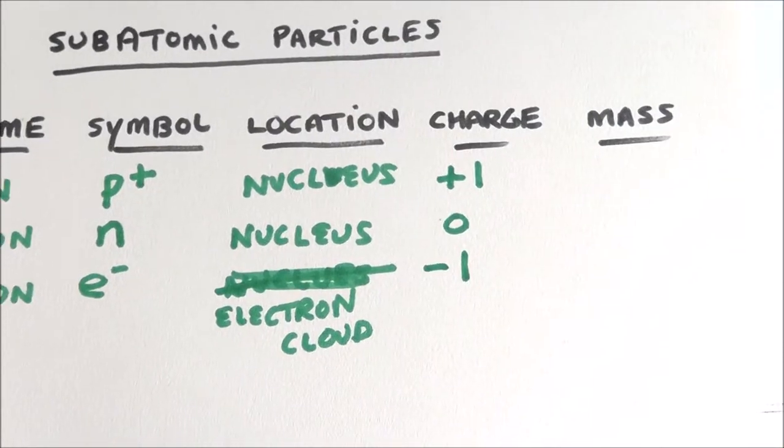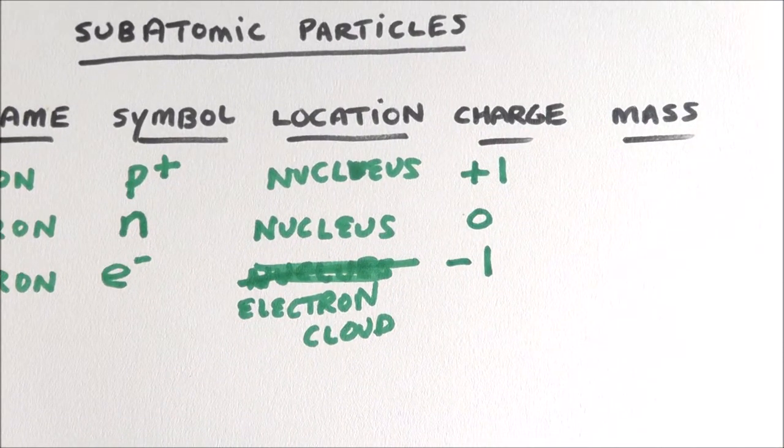Now let's talk about this mass issue here. When we were talking about scientific notation, I told you this is the mass of a proton, and you saw the crazy, crazy small number, like 1.67 times 10 to the minus 27 grams. So you know what we do?